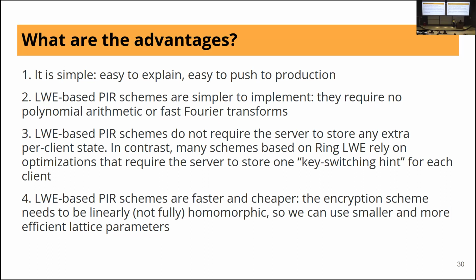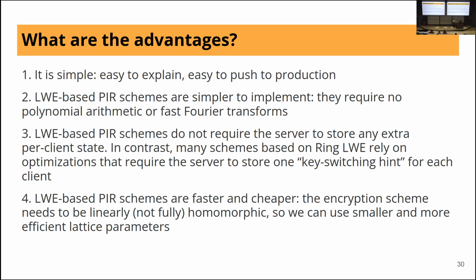It is also simpler to implement. I think a Rust implementation has really few lines of code because we also require no polynomial arithmetic or fast Fourier transforms. We also don't require the server to store any hint related to the client. We do have a hint, but it's only related to the database.